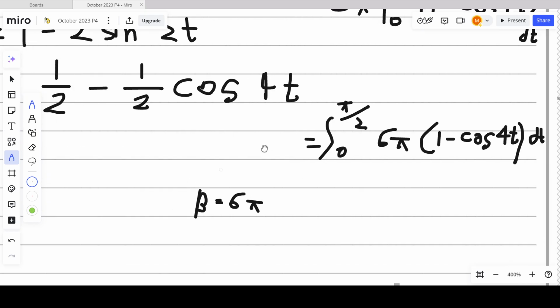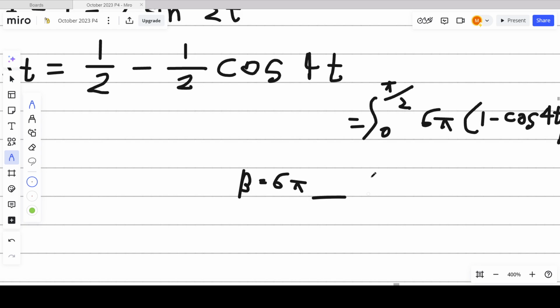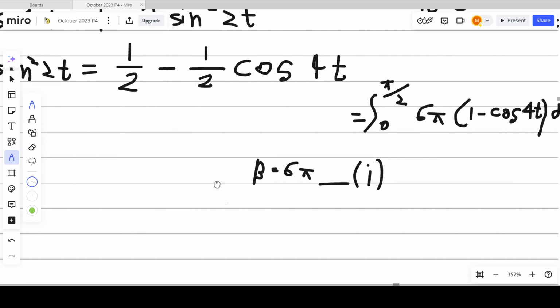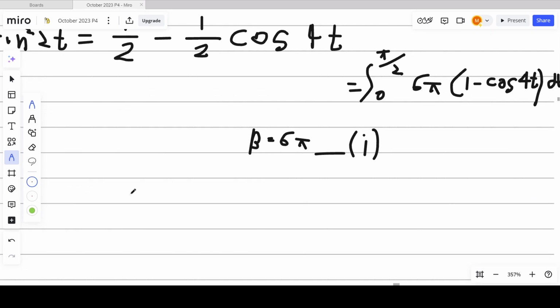Now, this is for part 1. Question D is basically divided into 2 parts. This is the first part. Now in part 2 we need to just integrate and find the exact value. So what would be the integration? Take 6 pi outside the integral, and then do the integration within the definite integral.